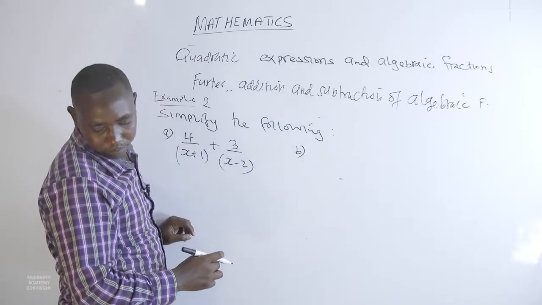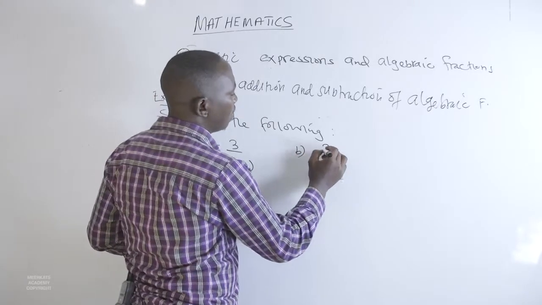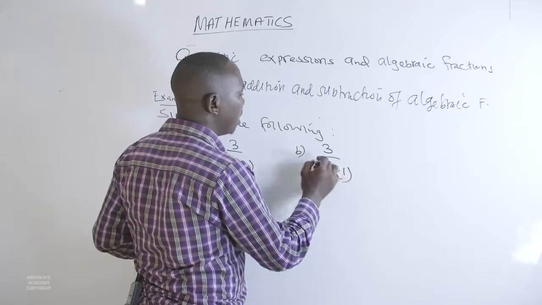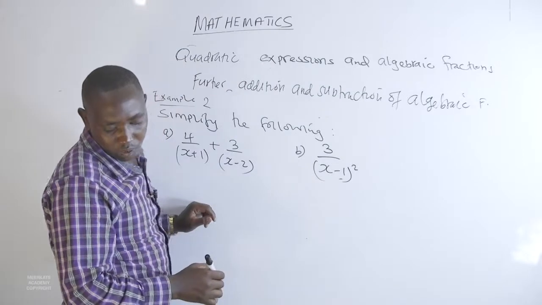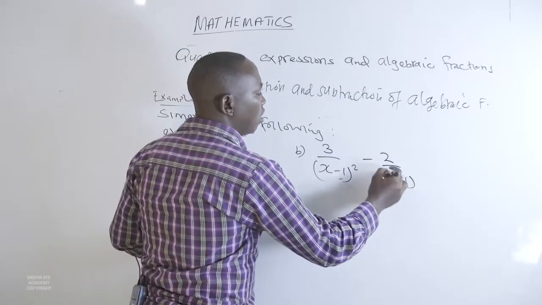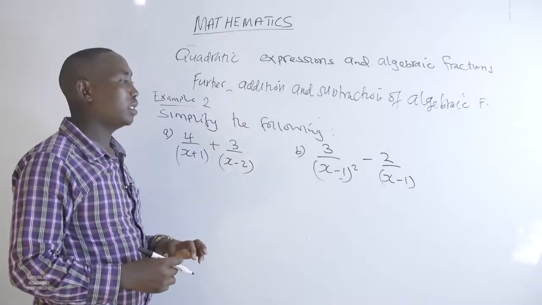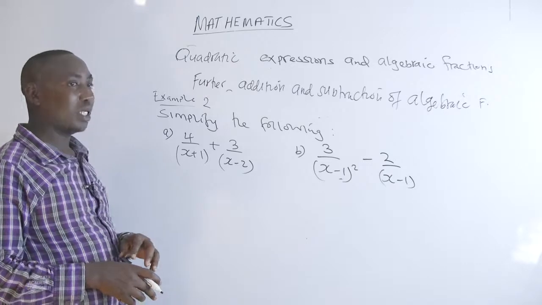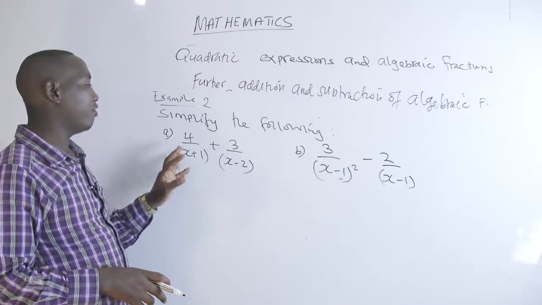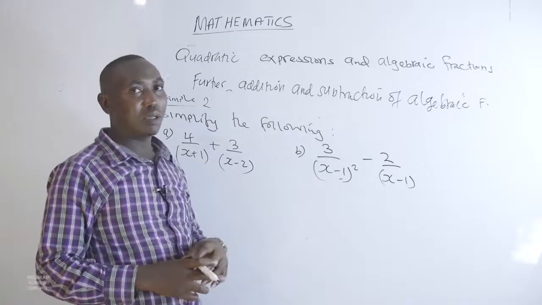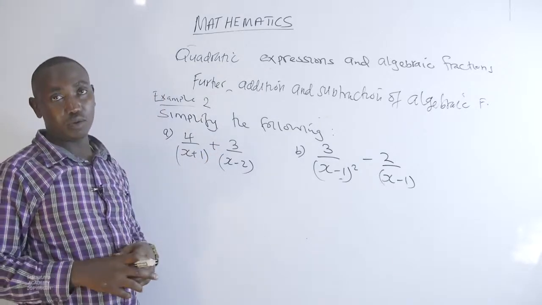Part B: 3 all over (x minus 1), the whole of it squared, subtract 2 all over (x subtract 1). So we now need to solve this particular part where we have 4 over (x plus 1) added to 3 all over (x minus 2).